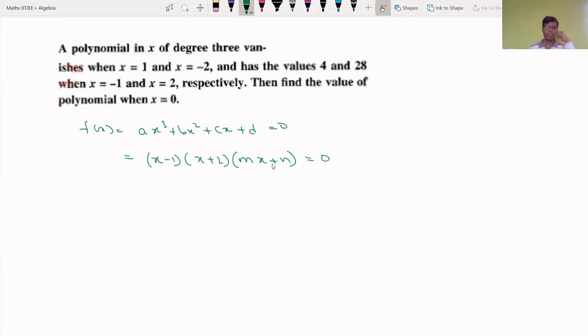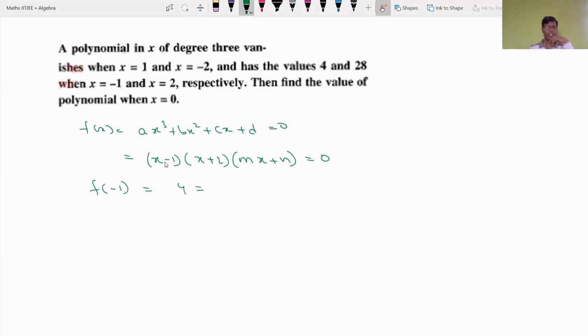Fine. So what I have done is I have basically written the cubic polynomial, or the polynomial of degree 3, in this form, where x is equal to 1 and x is equal to minus 2 are the roots of this particular polynomial. So now what I need to find out is just m and n. The other two conditions he has given: when x is equal to minus 1, f of minus 1 is equal to 4.